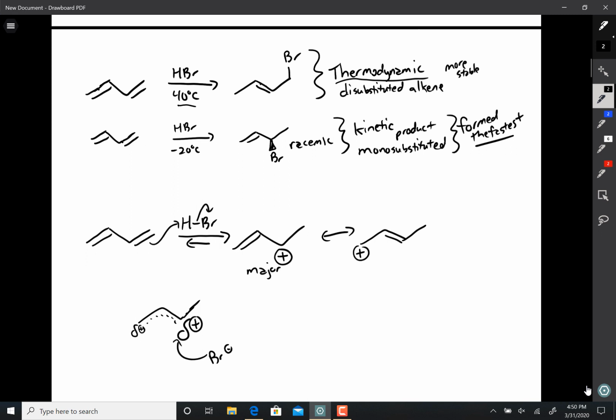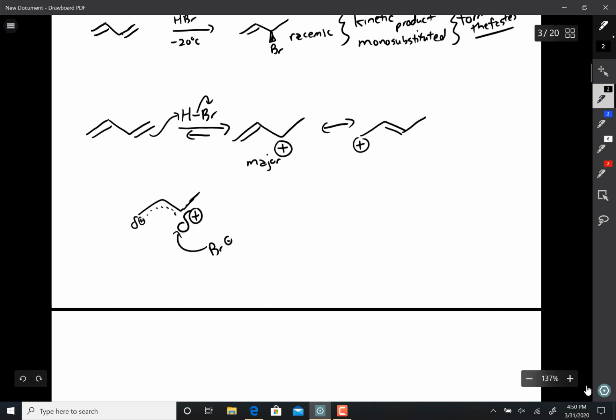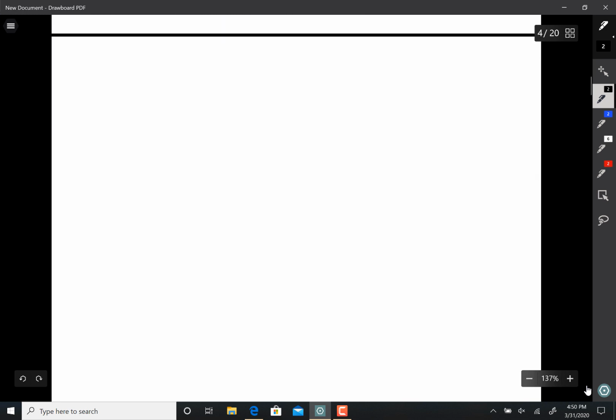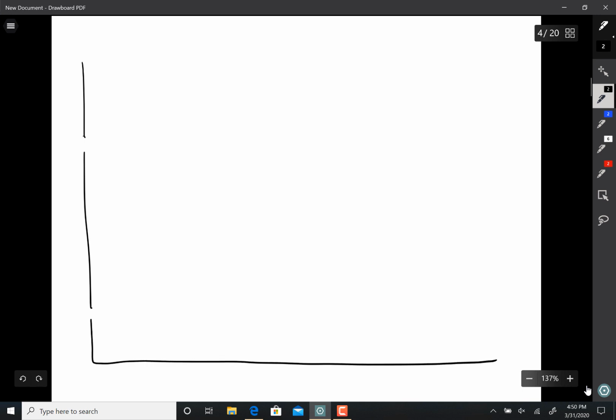So if we were to think about it in terms of an energy diagram, we would have the alkene, and we'd protonate the alkene.